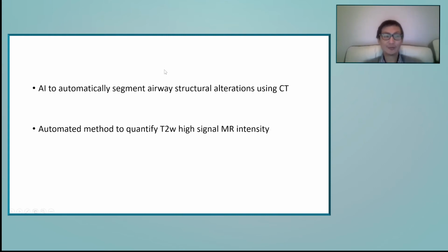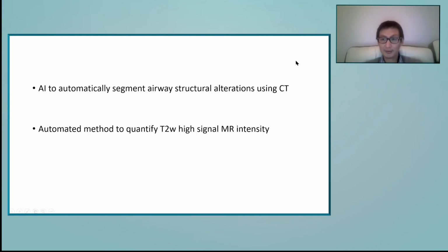The first one is about the fully automatic segmentation of airway structural alterations by using artificial intelligence. This is a CT study, but we hope to extend it to lung MRI application.